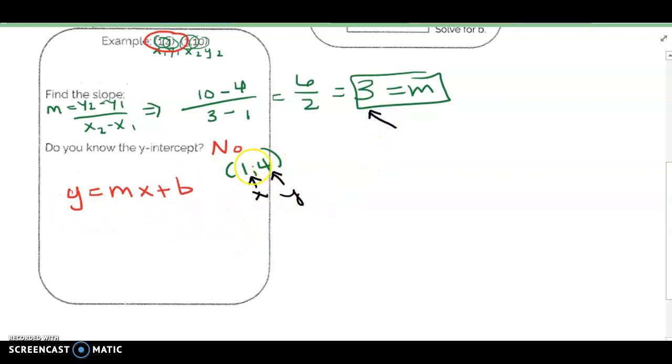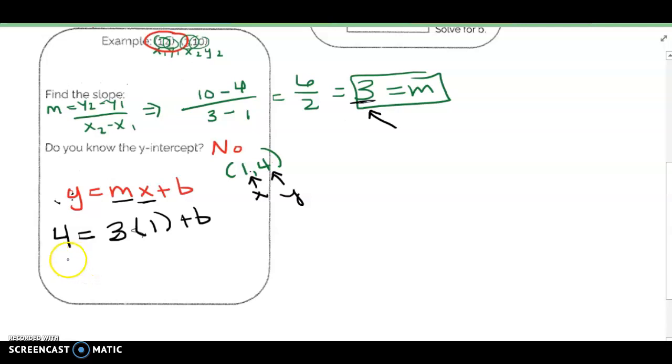Okay, so I'm just going to substitute each one of these 3 in for the correct variable here. So y equals, so my y is 4. So I'm going to say 4 equals, my m is 3, my x is 1, so times 1, plus b, which I don't know.